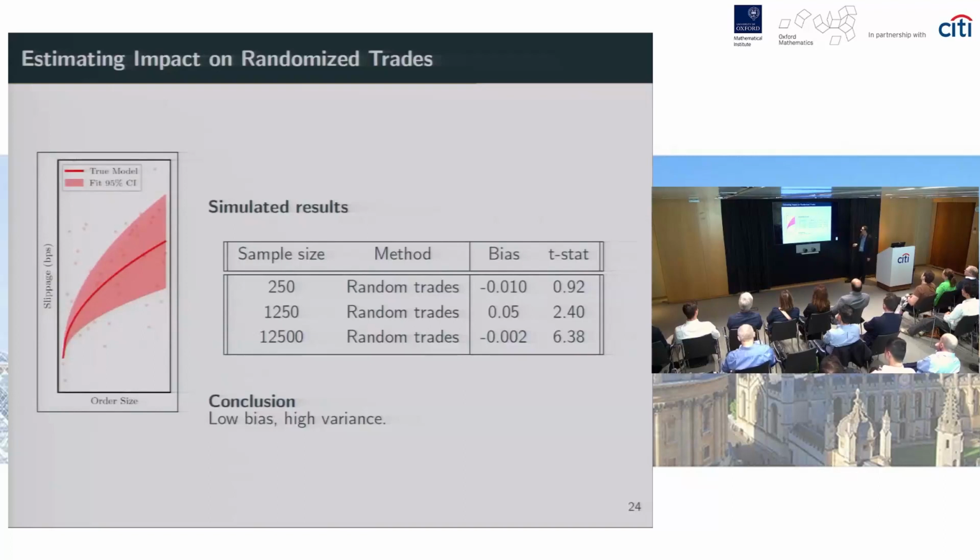And then on randomized trades, you always get that it's unbiased, but you get much wider confidence intervals. It's kind of natural, but it scales in 1 over square root n, given our assumptions. And yeah, so for small experiments, you might not be quite happy with these confidence intervals. But once you reach a certain amount of data points, then it becomes a bit more valid.